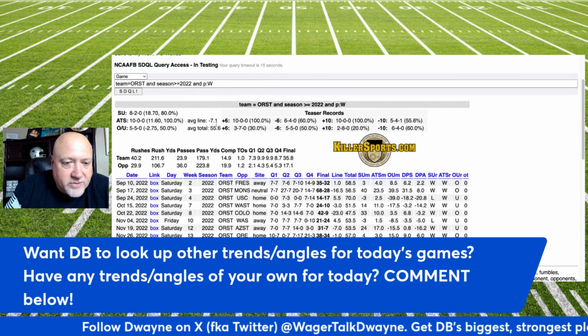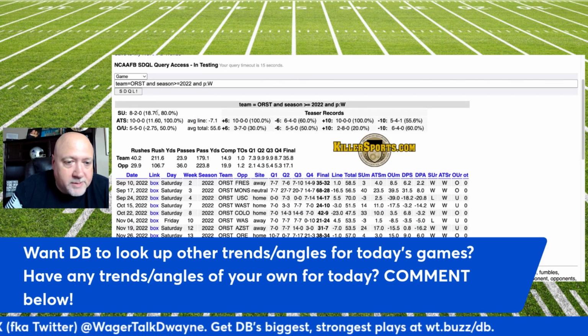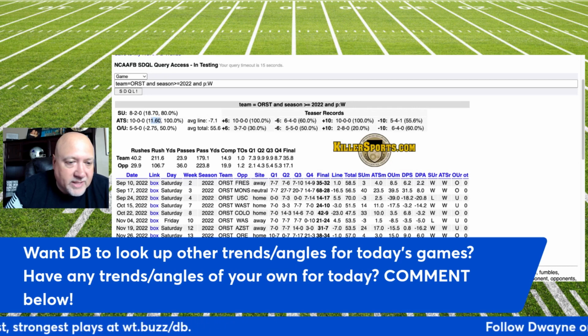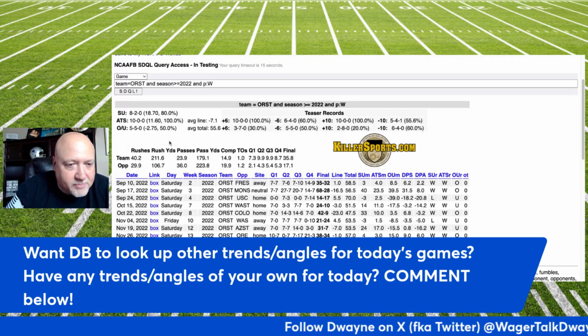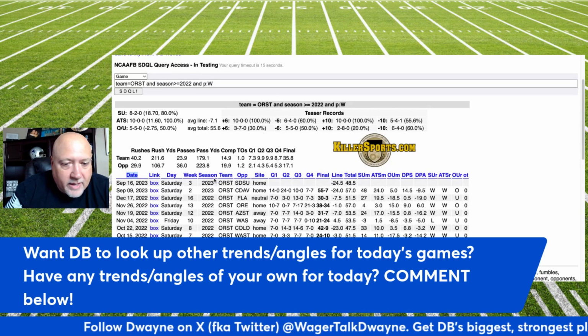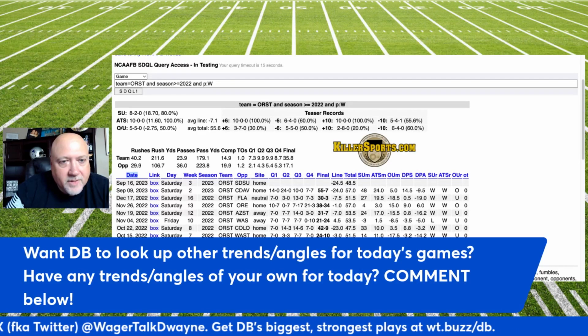They were an average favorite of basically minus a touchdown, and they won the games by an average of 18.7 points per game. So they covered the spread by an average of 11.6 points per game. And I love seeing a double-digit ATS margin. And you can see that this is active on Saturday. Oregon State hosting San Diego State.